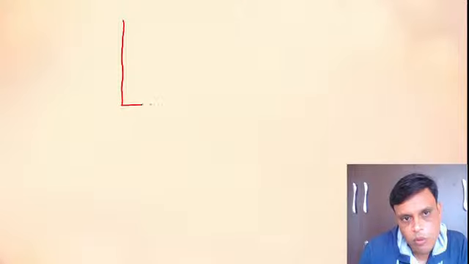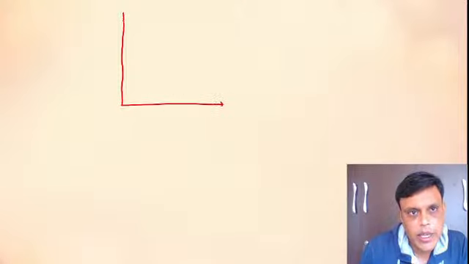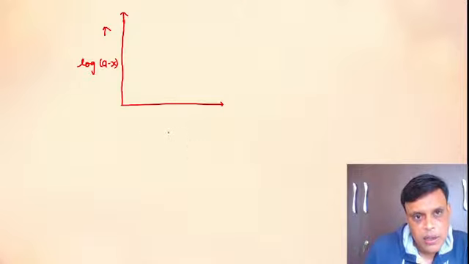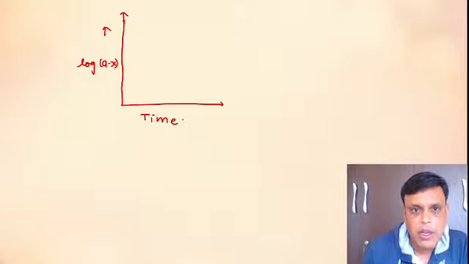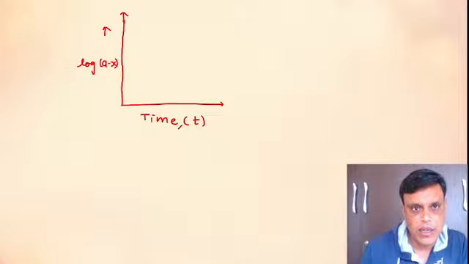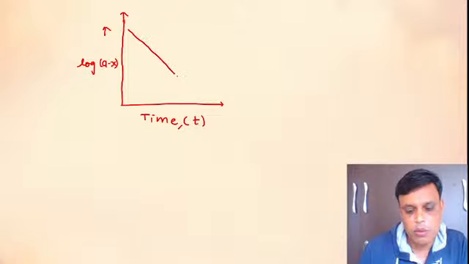On the y-axis we will take log of a minus x, and on the x-axis time. So we will plot a graph of log a minus x versus time, and it is a straight line.